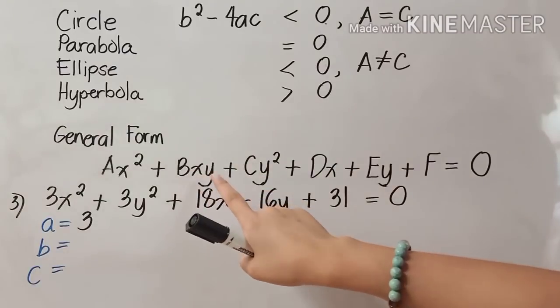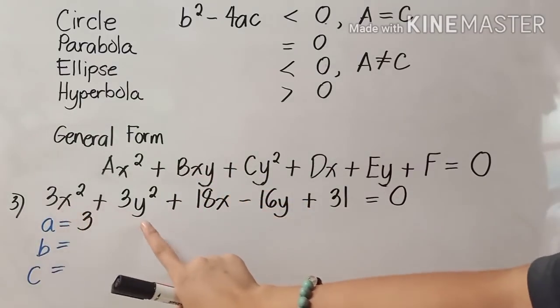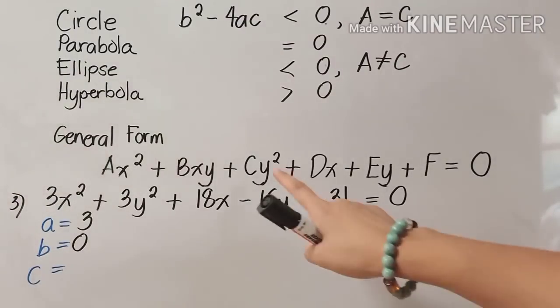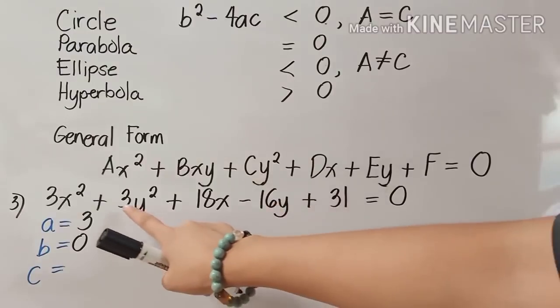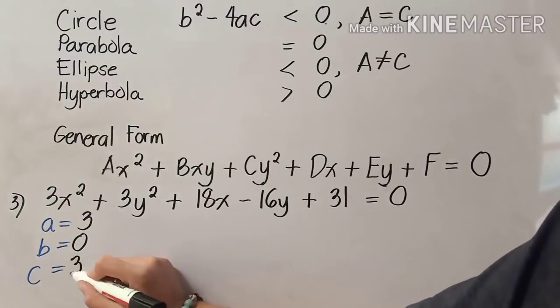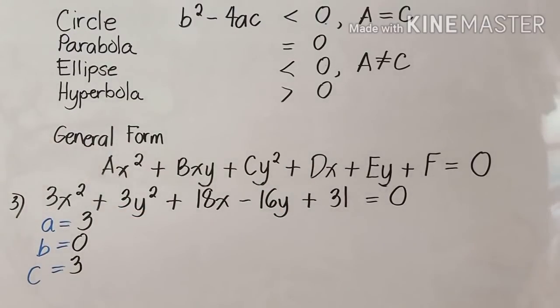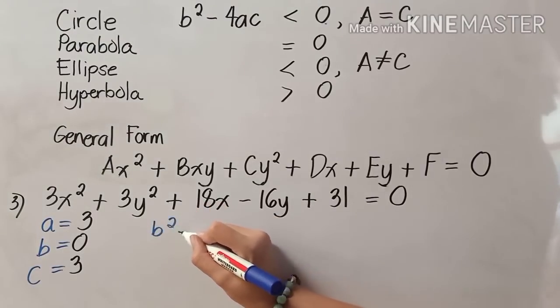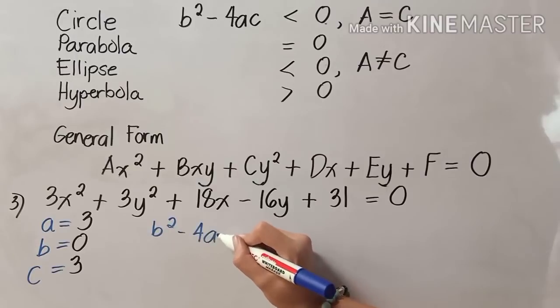Beside xy is b, which you cannot find in the given, so simply place 0. Now c is beside y squared, which in the given is 3.